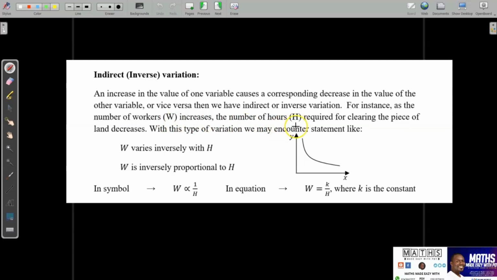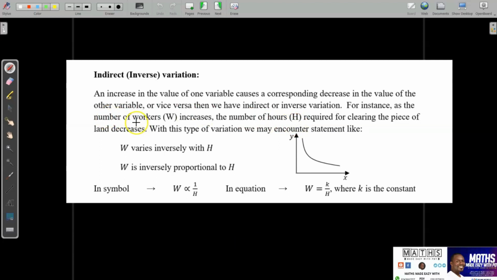But it is the other way around when it comes to reality. When right now we ask all of you to go onto a plot to weed, this is where people will start chatting. So instead of using less time to finish the work, they'll rather use more time. But in reality, that is not what is supposed to happen. We expect that you should use fewer hours to finish work when you are more in numbers.